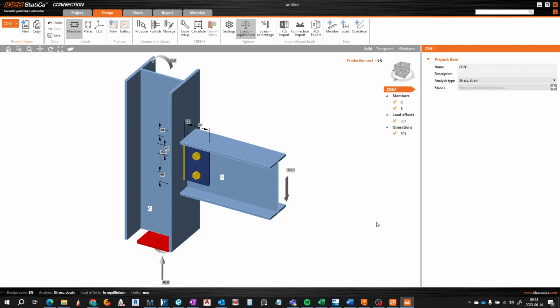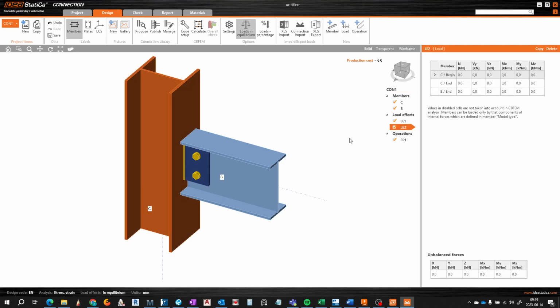And we are going to define the loads here. We have a column and we have a beam. We need to put the forces around this. So for example, in the B member, we are going to put some loads in the theta direction.